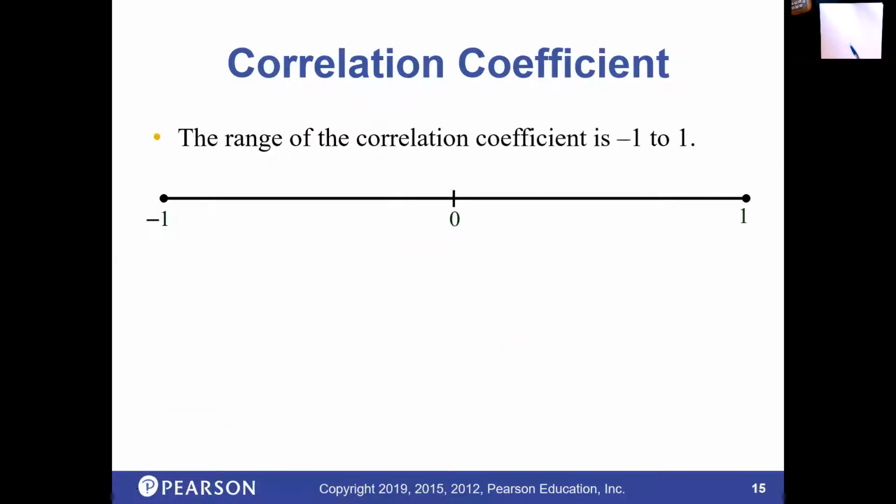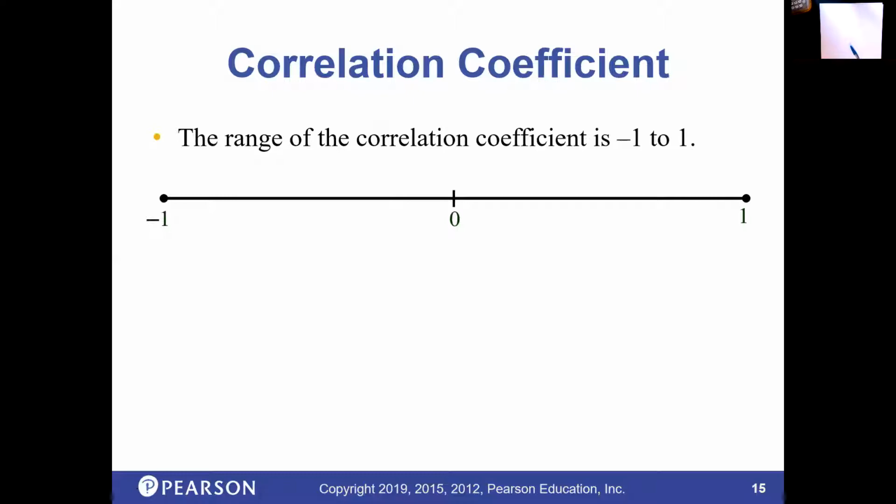Now the correlation coefficient ranges between -1 and 1. Remember, if it's 0, there's no relationship whatsoever. If it's very small, let's say 0.1 or -0.1, that's not a very strong relationship. But if it's much higher, let's say 0.98, we'll think of that as 98%.